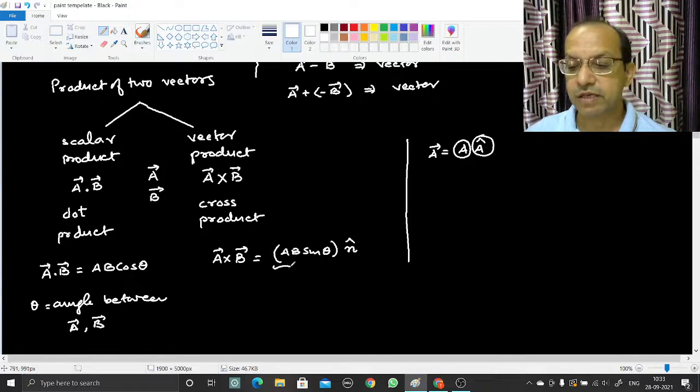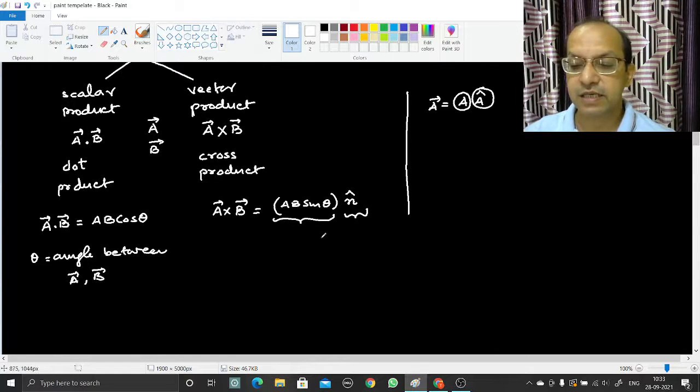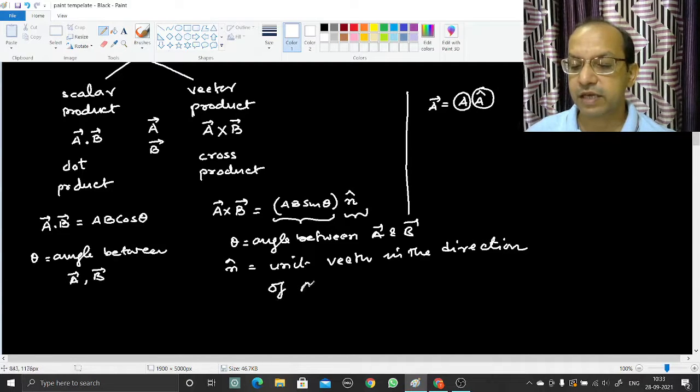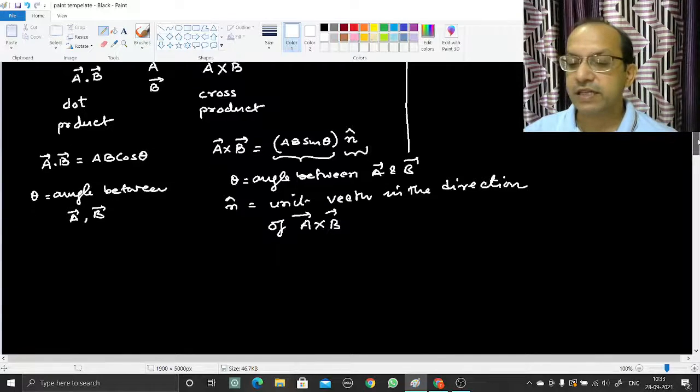So here also this is the magnitude of A cross B, and this is the unit vector in the direction of A cross B. Theta is the angle between A vector and B vector. What is n cap? N cap is the unit vector in the direction of A cross B.